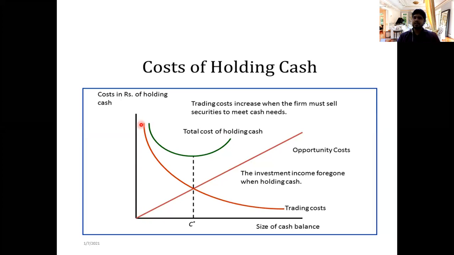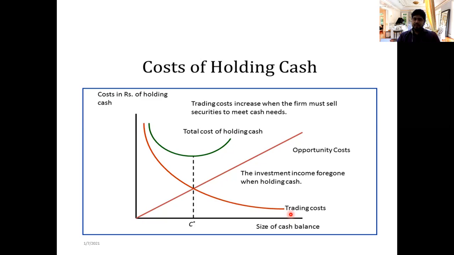When the number of transactions increases, the trading cost will increase, right? And when we are keeping more money in our hand, we can reduce the trading cost. Trading cost means we convert the financial instrument like treasury bills into cash, transaction cost, right? That is a trading cost.